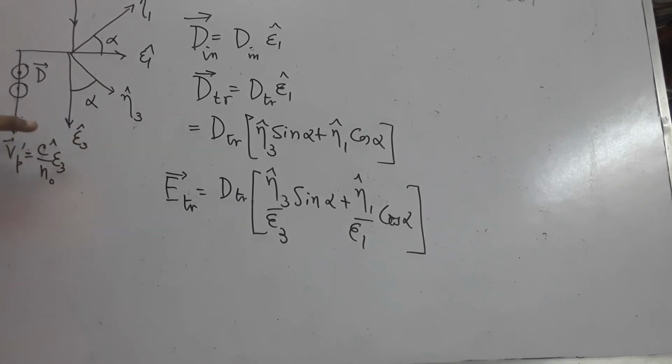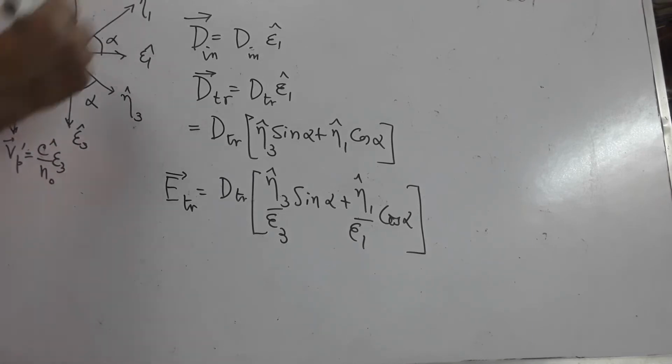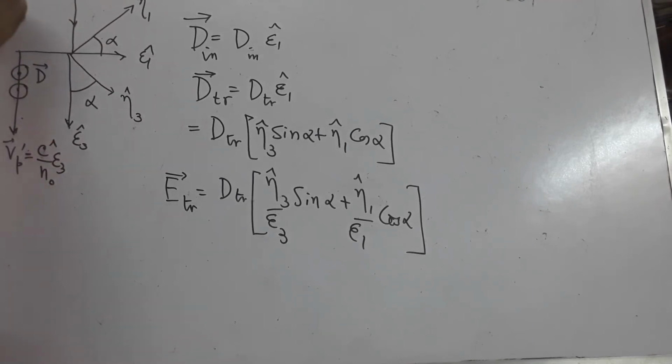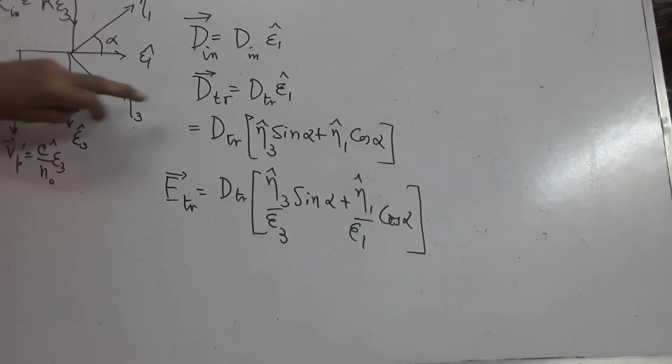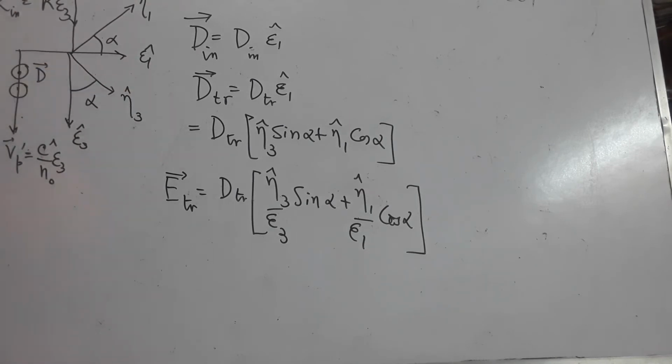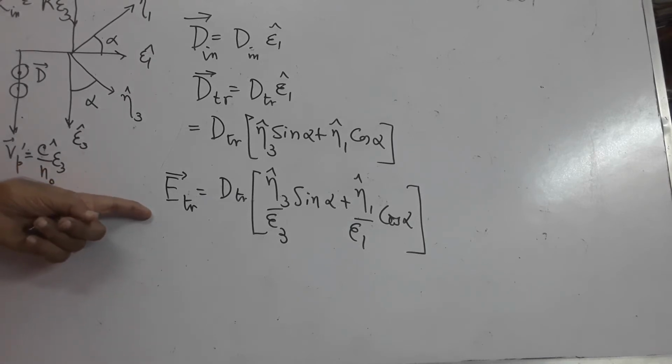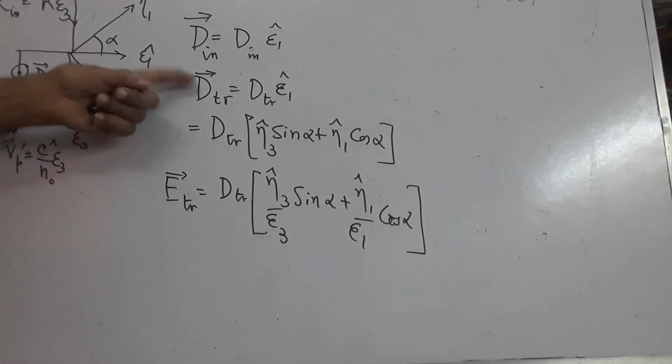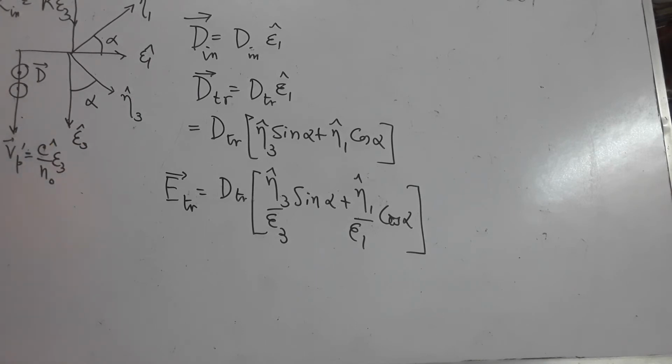D transmitted is orthogonal to the direction of motion, that is the direction of the wave, that is epsilon 3. My k here, I will write k incident is equal to k epsilon 3. We said that everything will be normal, so that condition is satisfied. B automatically satisfies that condition, and E is also in the same plane as D and epsilon 3.